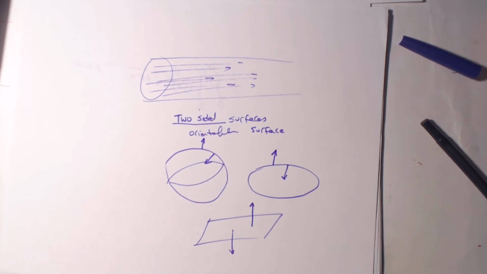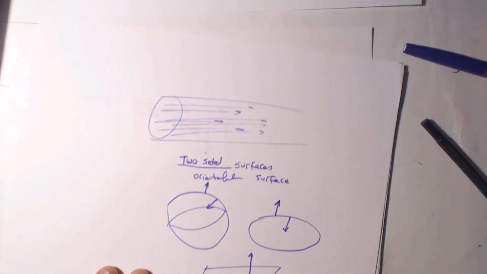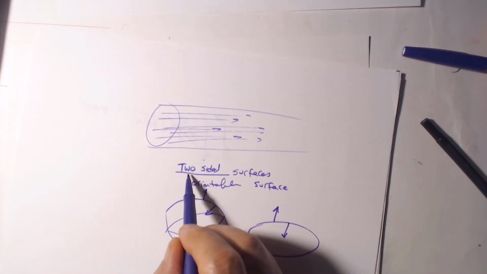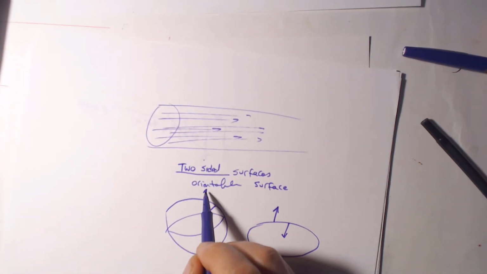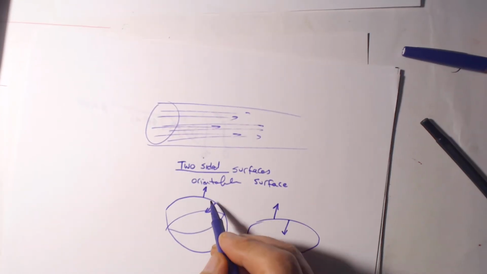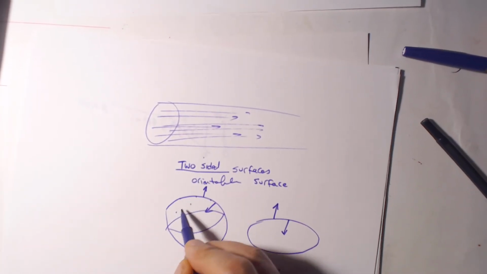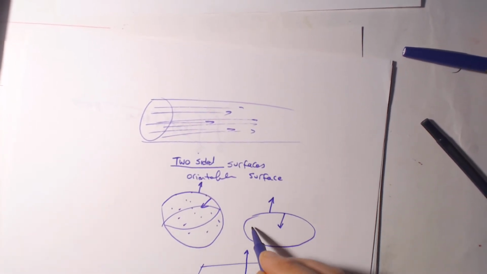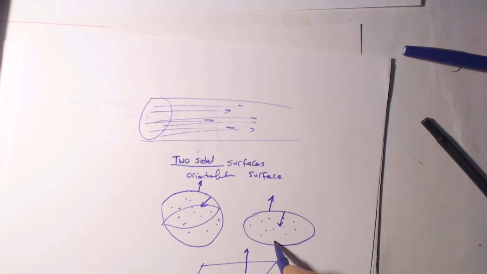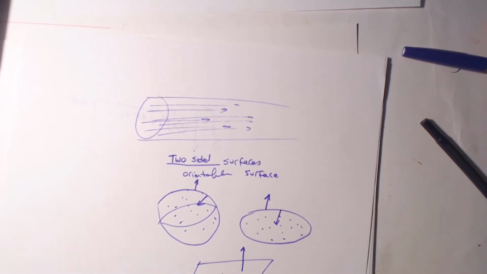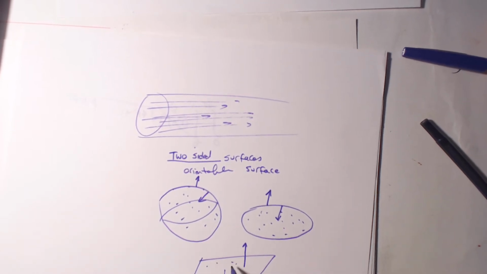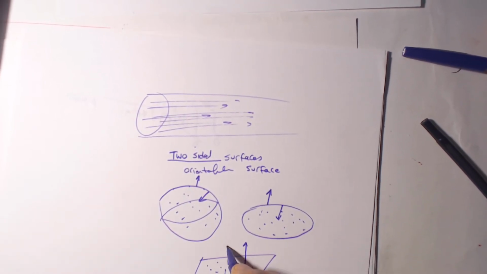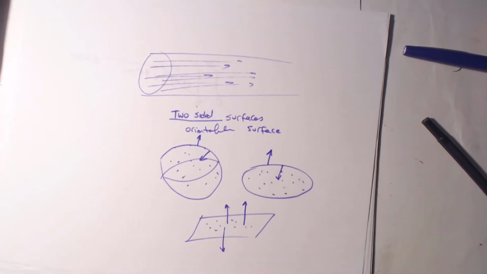What do I mean by going out and going in? For a two-sided surface to be orientable and smooth, at every given point around the surface, and I'm not talking about the boundary points, since boundary points could be exempt, you must have a normal vector.